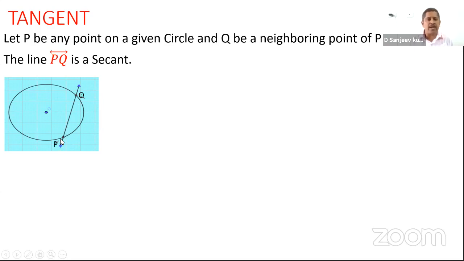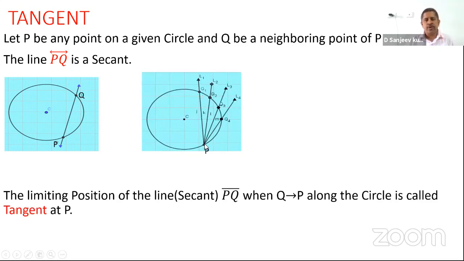Now you fix this point P and move this point Q this side. What is going to happen? If it is moved onto the left side, the length of PQ is going to increase. If you move it on the right side, the point Q will be coming closer and closer to P. If PQ is moved from this point to this point, the length of PQ has decreased.